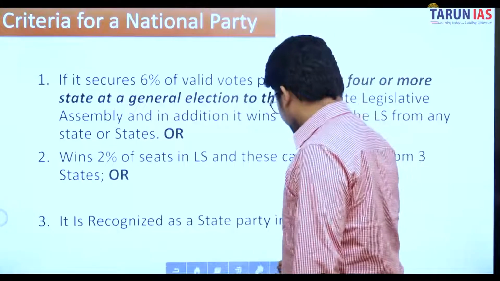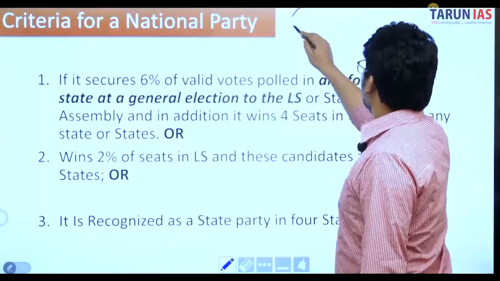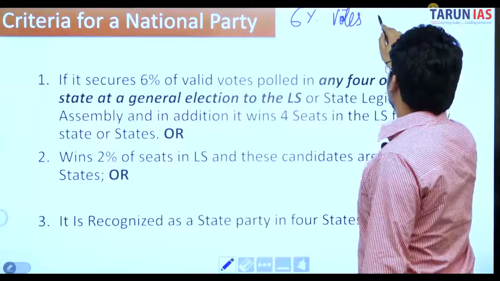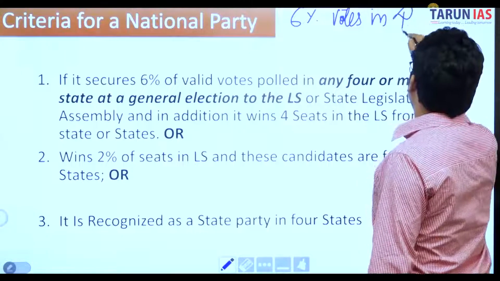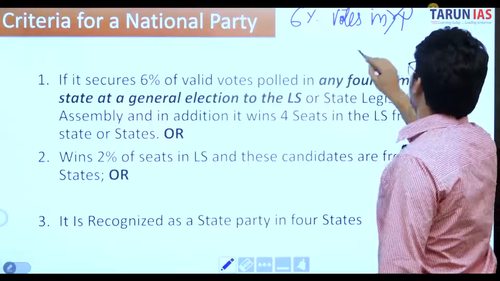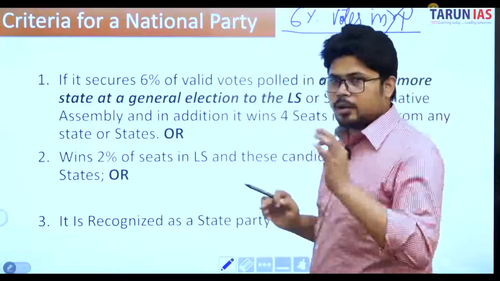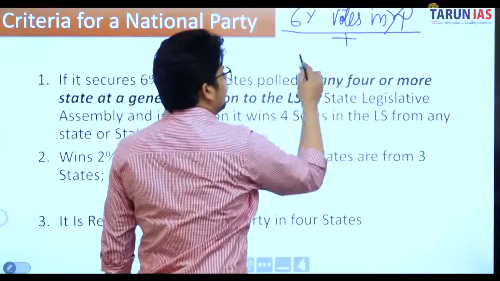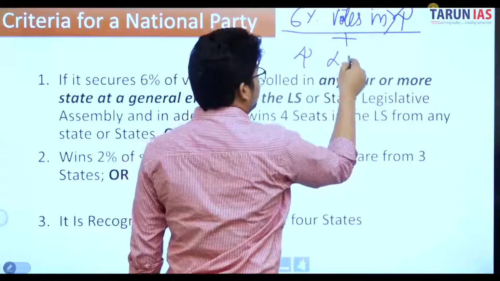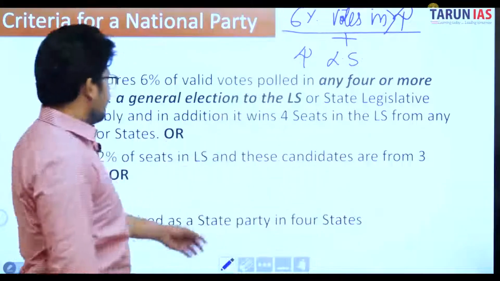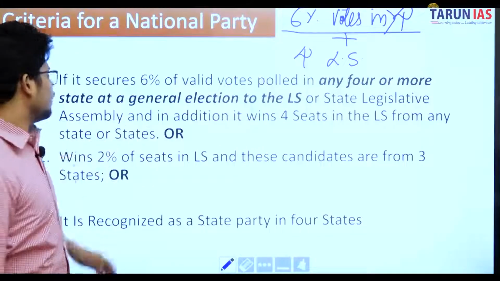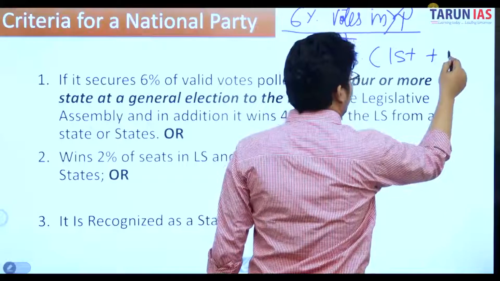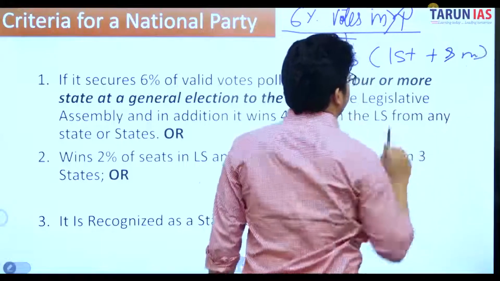तो यहाँ पे एक important point that we can see here, it wins 6% of votes in 4 or more states, in either Lok Sabha or Vidhan Sabha elections, plus it wins 4 Lok Sabha seats from either one state or more than one state, ठीक है.